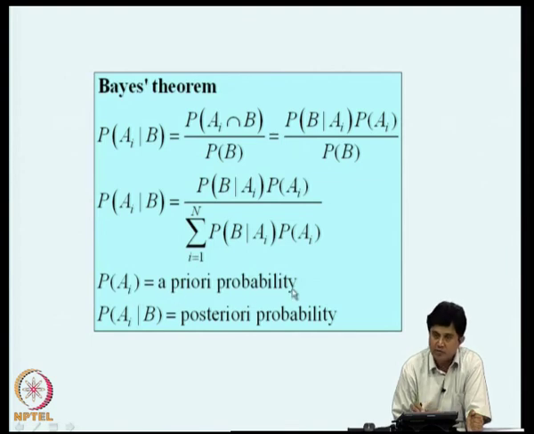This is known as a priori probability. Now you do an experiment, you observe B. Given that B has occurred, I have gained some information about the phenomenon that I am studying. What can I now say about the probability of Ai? This is the question that Bayes' theorem answers.